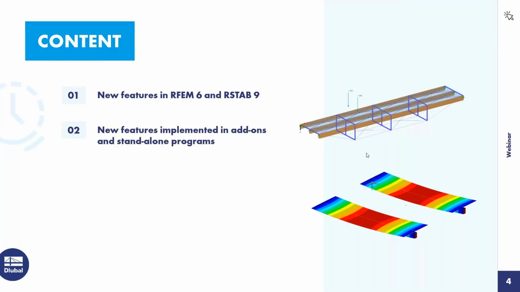Then we present the new features in the add-ons and the standalone programs. We present new add-ons, and as I already said, we take a look in the future plannings for our developments.